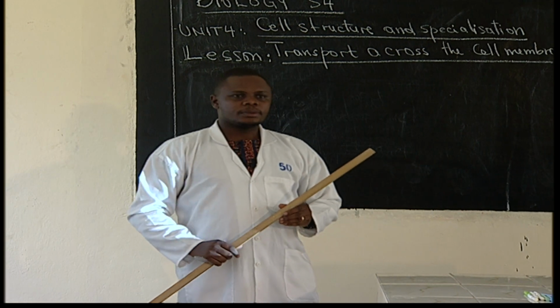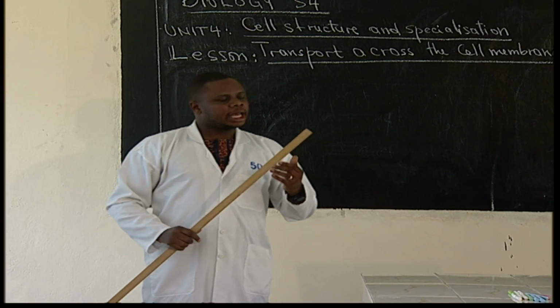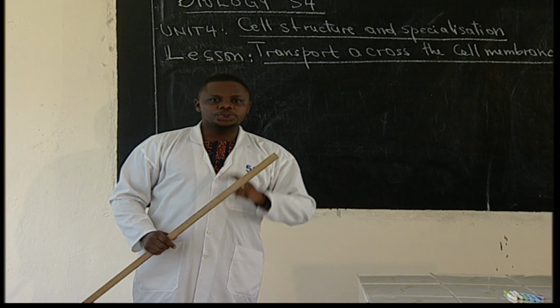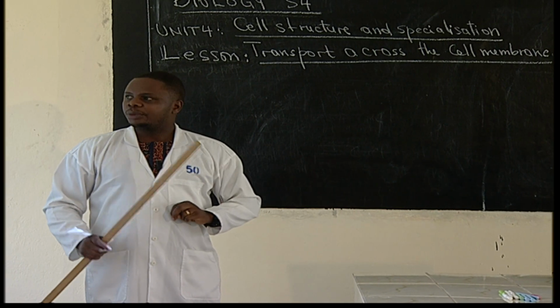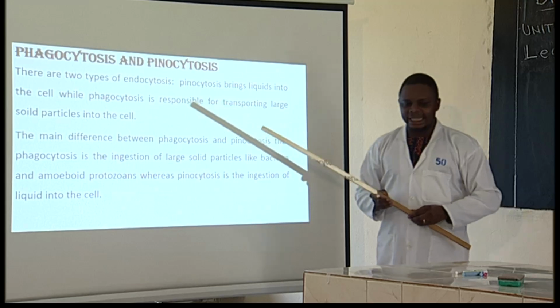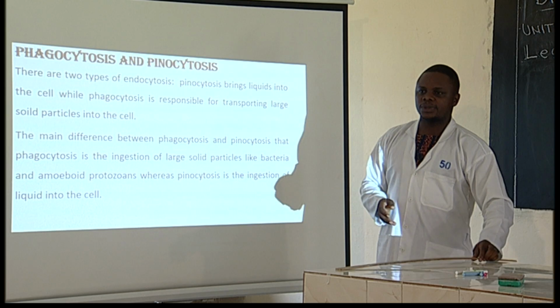Students, endocytosis can be divided into two types. We have what we call phagocytosis. We also have what we call pinocytosis. How are these types of endocytosis different?